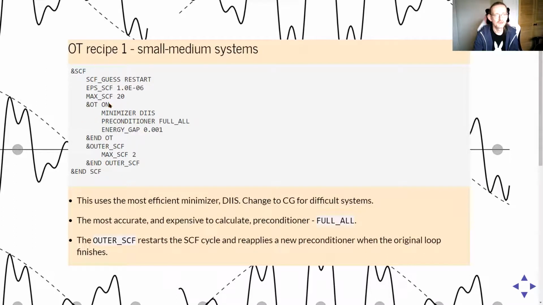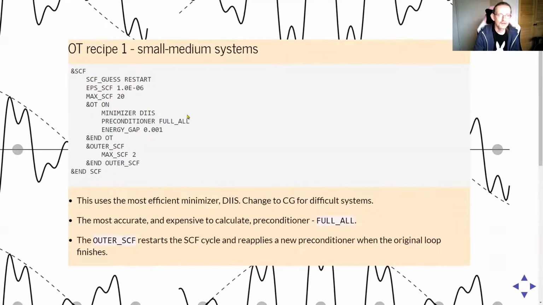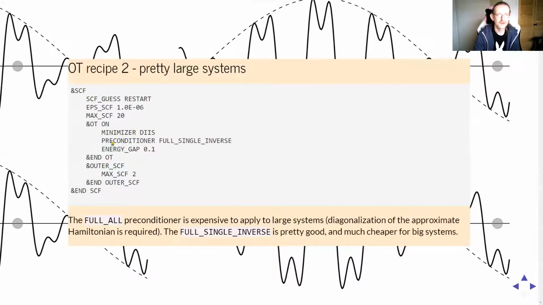So there's an SCF section, and within it there's an OT section: the type of minimizer, the preconditioner, and different preconditioners may or may not have a parameter associated with them. There's also an outer SCF which only applies to OT, and that basically resets the system, calculates a new preconditioner, and starts the problem again. Some of the preconditioners require diagonalizing an approximate matrix, so they're cubic scaling. As systems get larger, you may want to change to a different preconditioner.